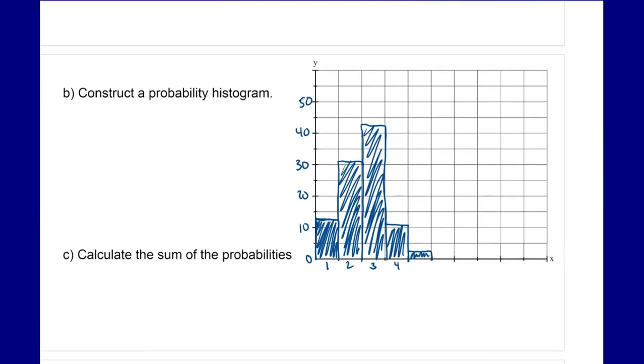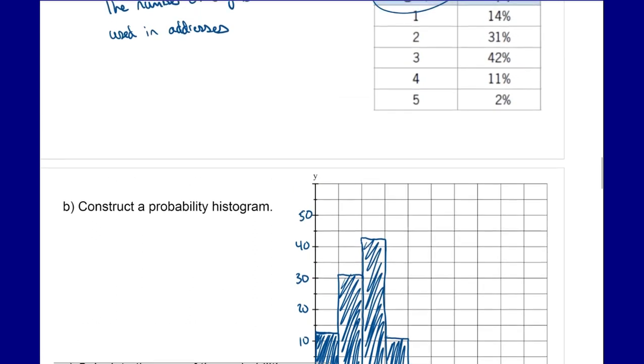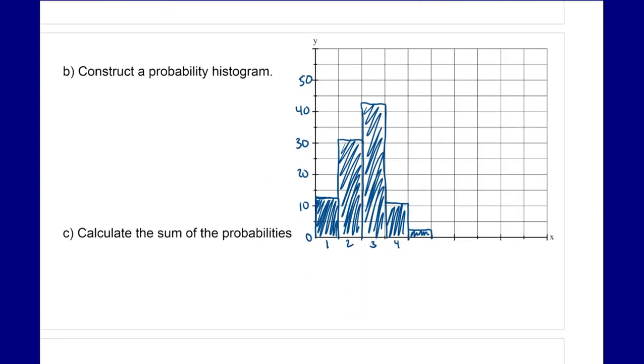And next, we want to calculate the sum of probabilities. If we go through the sum of probabilities, we start off at 1, which was 14. I'm just going to put the numbers above. So 14%, plus we have 31% for the next one, plus 42, plus 11%, plus 2%.